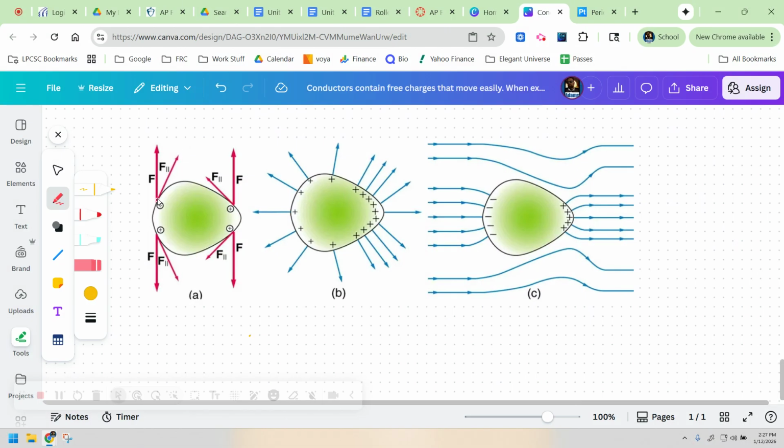So this is the tangent line. F parallel is tangent at this point, and that moves the charges apart until they reach the surface, because they're not going to really leave the conductor. What they're trying to say in A is, I have a force here, and then I have a force that's parallel to the surface.